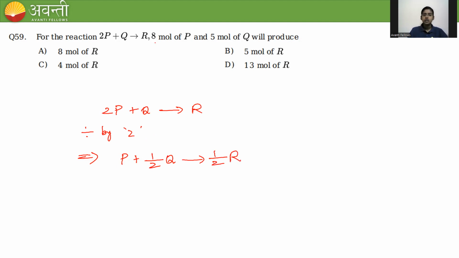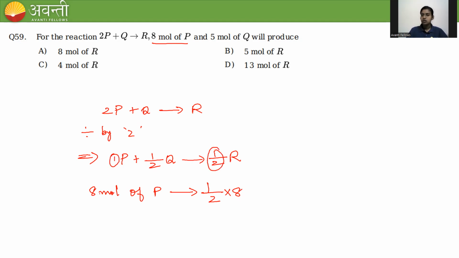Okay. Now here 8 moles of P. So 8 moles of P is giving half into 8 moles of R. Okay, because for 1 mole it is half mole of R, no?